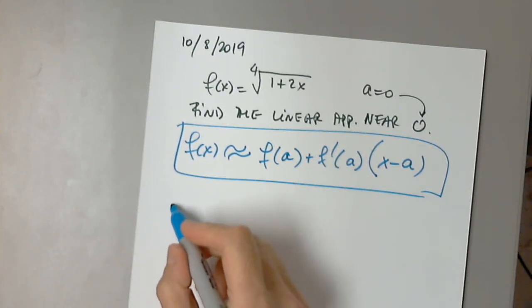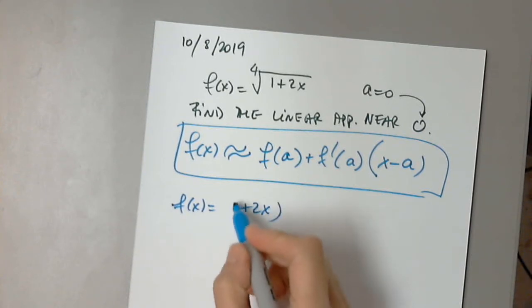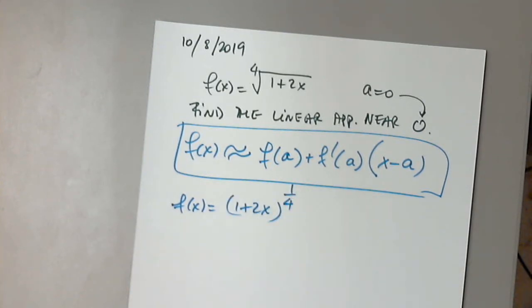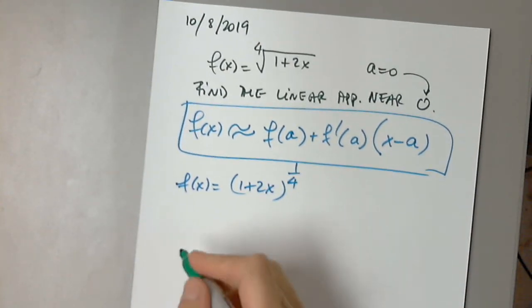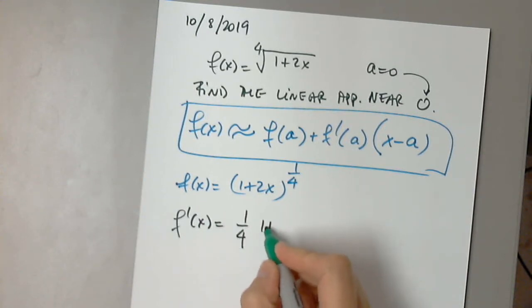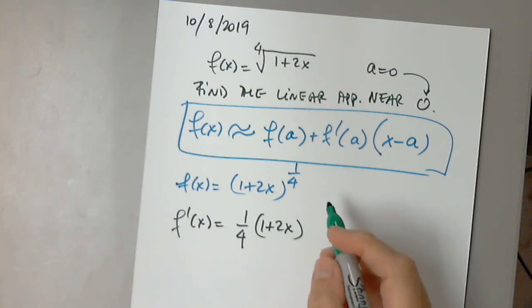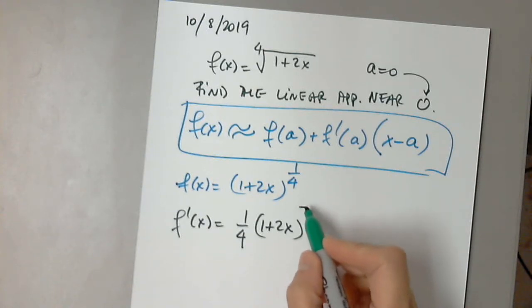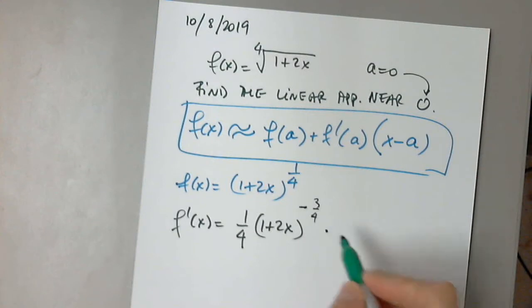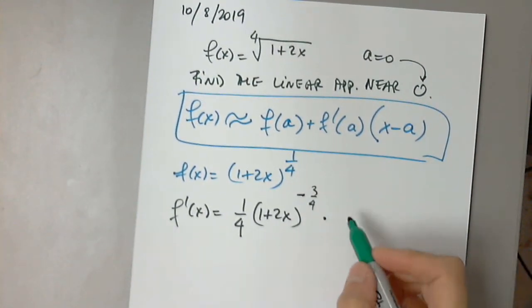So this is f of x, 1 plus 2x raised to 1/4. Do we agree with that step? Perfect. So now I have to find f prime. Remember the chain rule: 1/4, 1 plus 2x to 1/4 minus 1, multiplied by the inner function prime, which is 2.